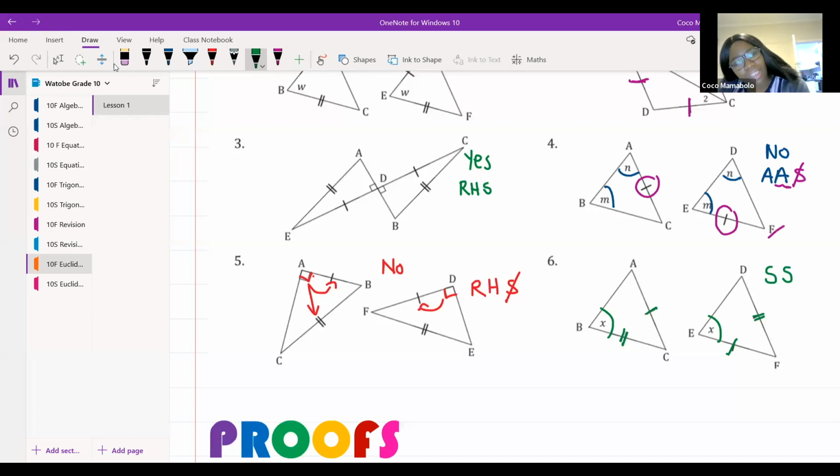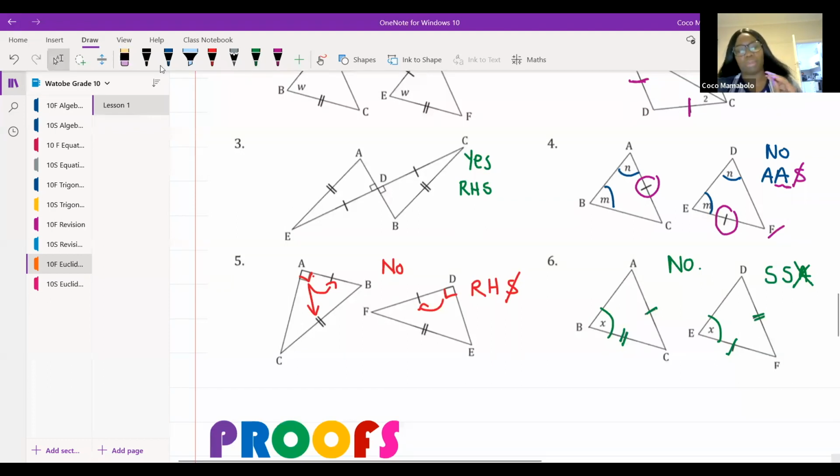So do I have an included angle over here? No, I don't, because I don't have an angle that is right next to the side that I needed to be next to. So is this one congruent? No, it's not.